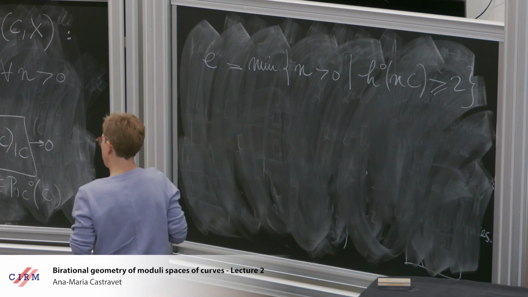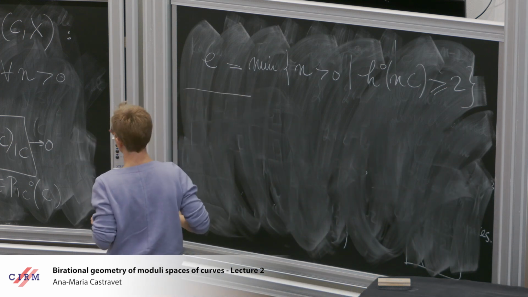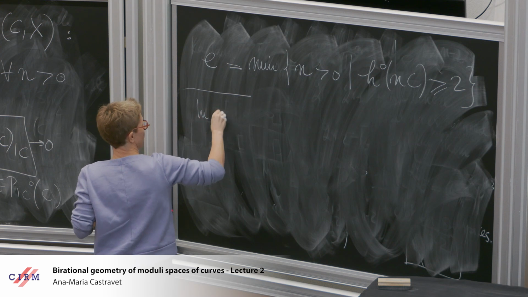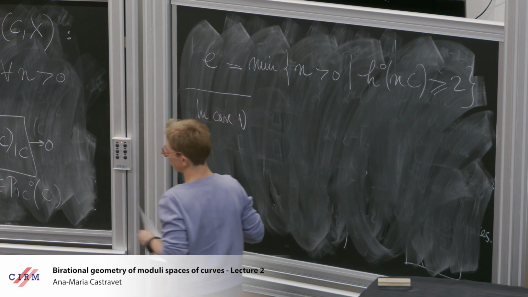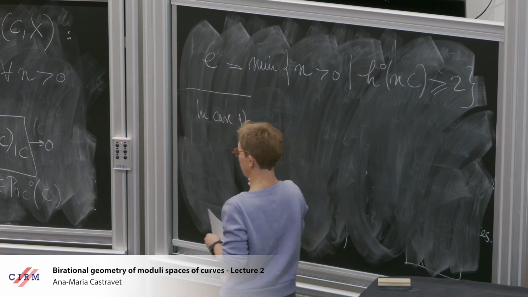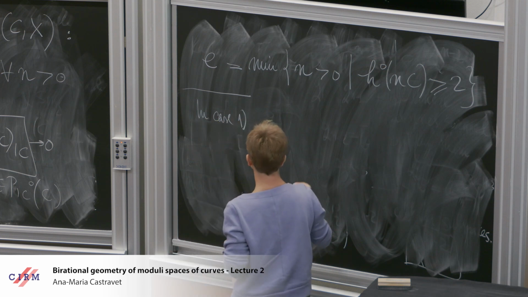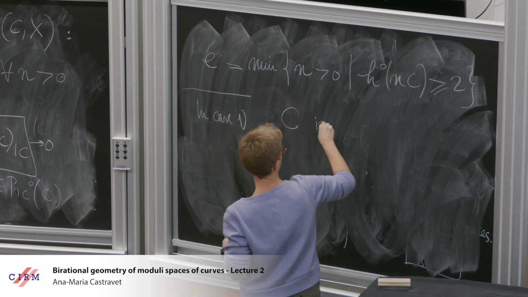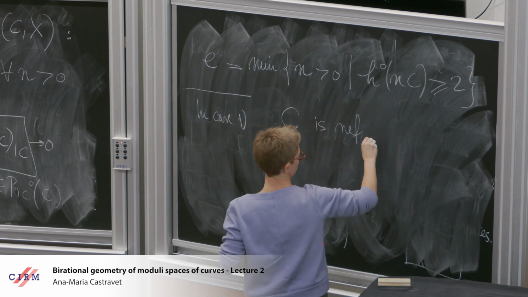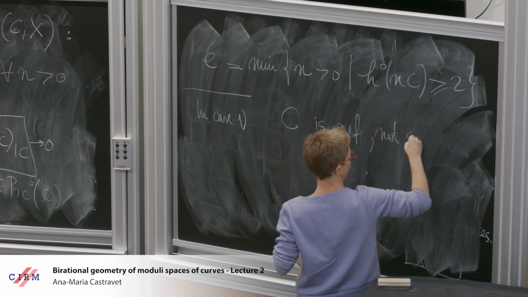And so in the first case, you can already notice that you have an irreducible curve with self-intersection 0. So C is an F class, and it does not move, so it's not semi-ample.